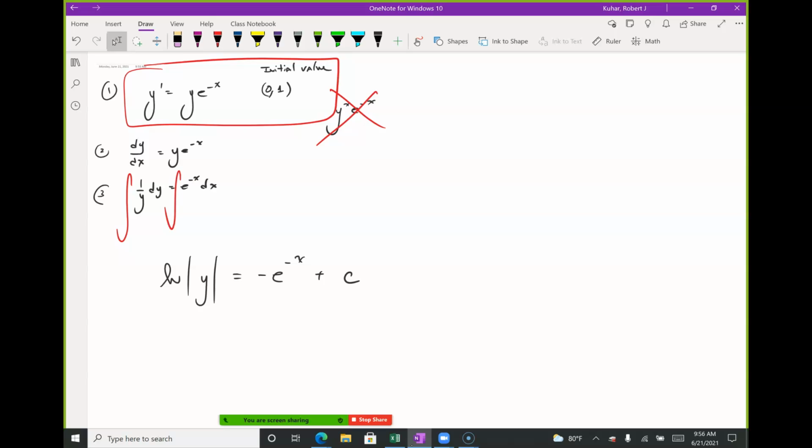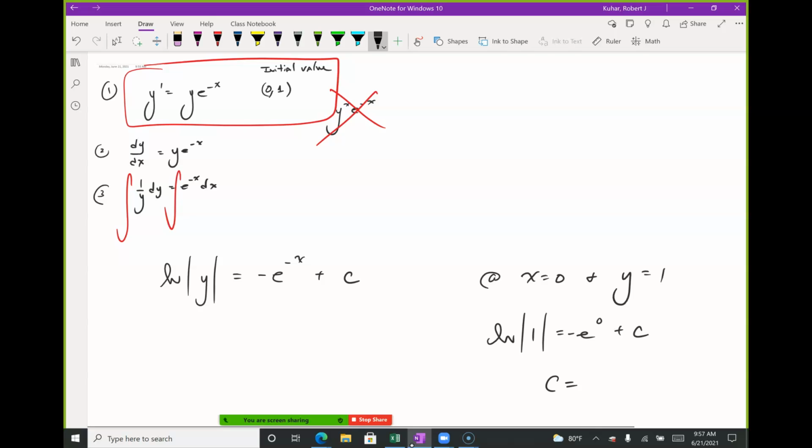In this particular one, it's not horrible to go now, right? And so if I put in x is 0 and y is 1, what do I get for c? Do you see it already? At x equals 0 and y equals 1, what do I get? ln of 1 equals negative e to the 0 plus c. So I get c is 1, right?